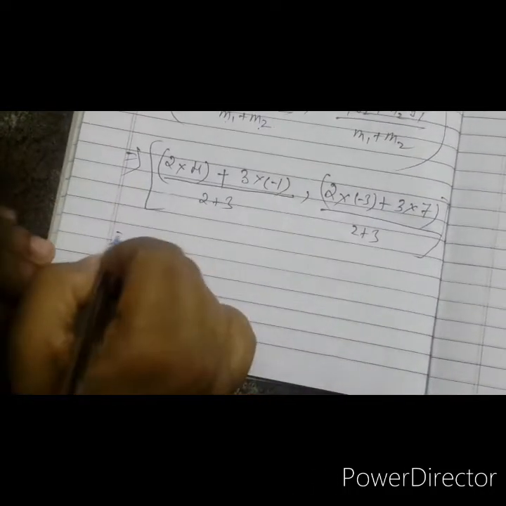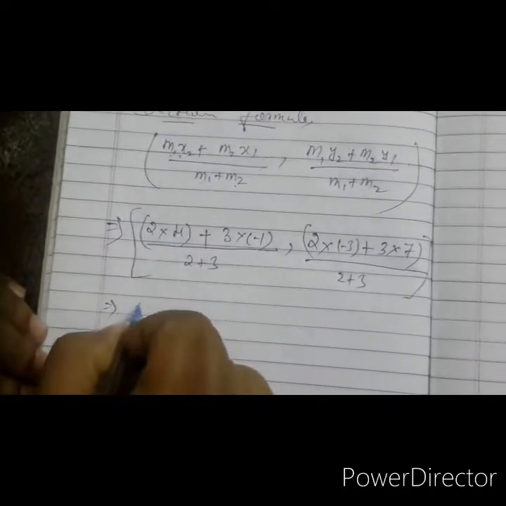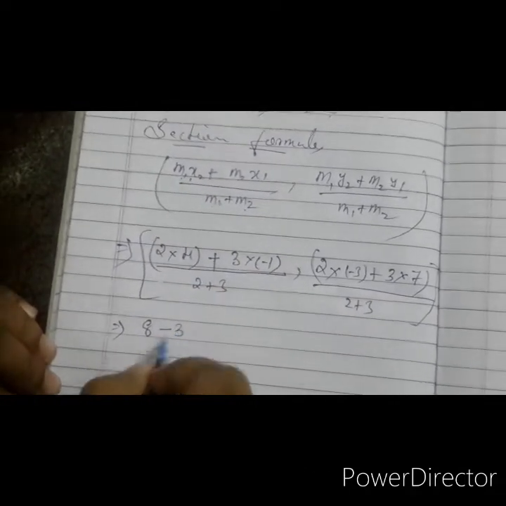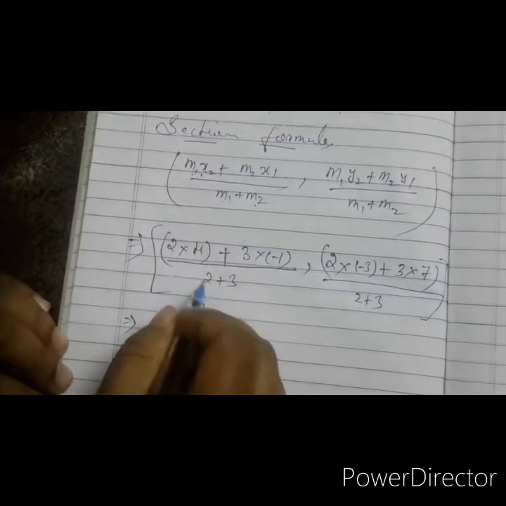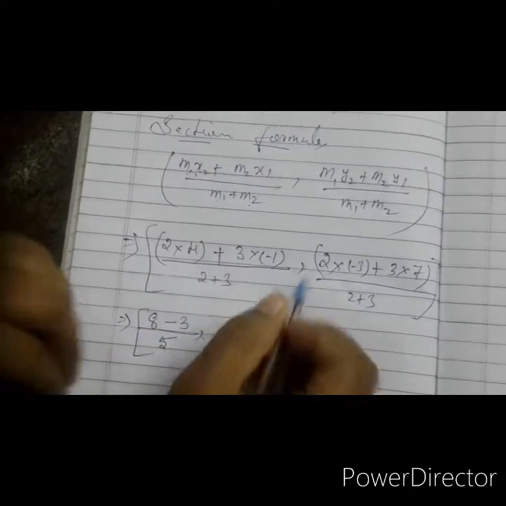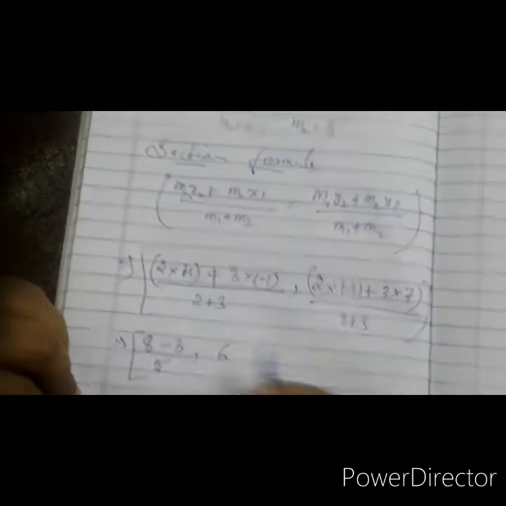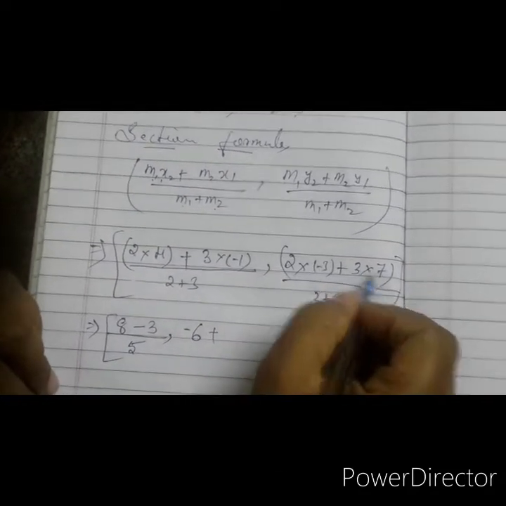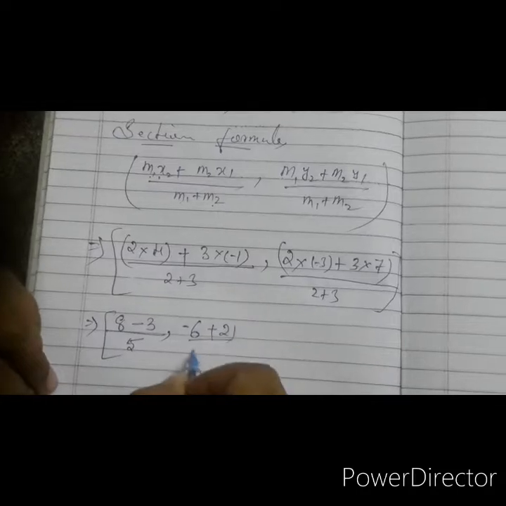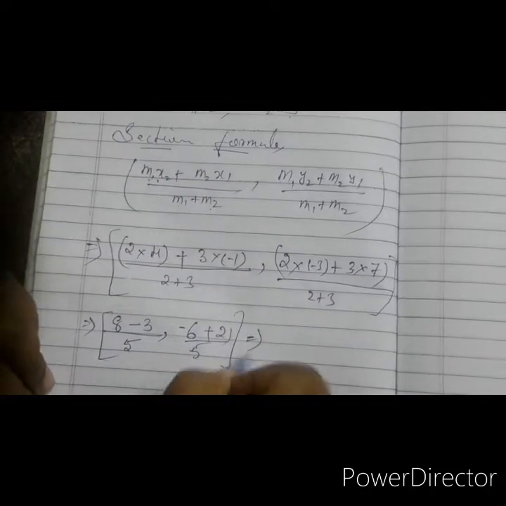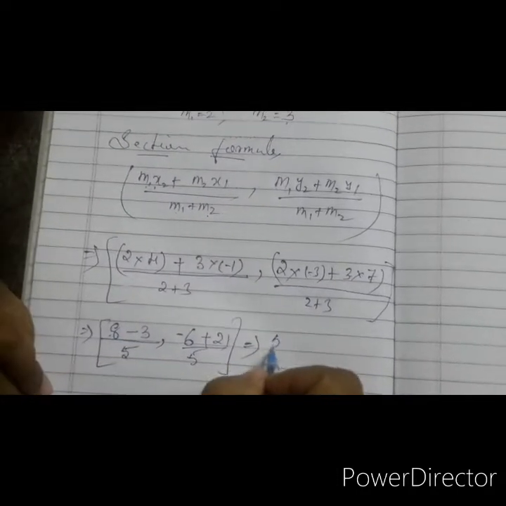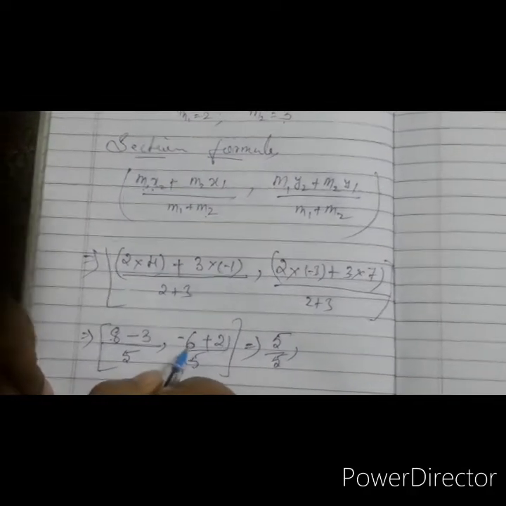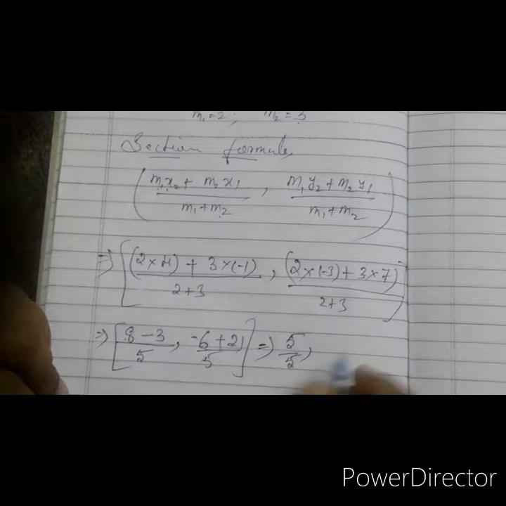Now multiply. 2 4s are 8 plus 3 into -1 is -3, divided by 5. 2 plus 3 is 5, comma, 2 3s are 6. But here the sign is minus, so write down the minus sign. Plus 3 7s are 21, divided by 5. 8 minus 3 is 5, so 5 by 5, comma, you have to subtract. -6 plus 21 is 15.